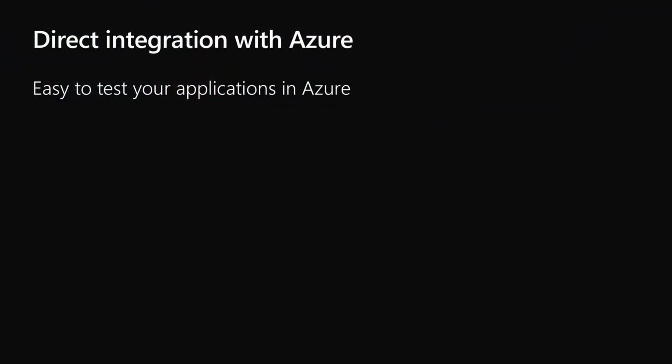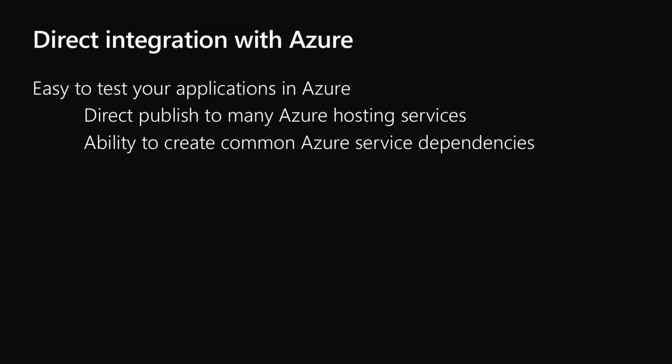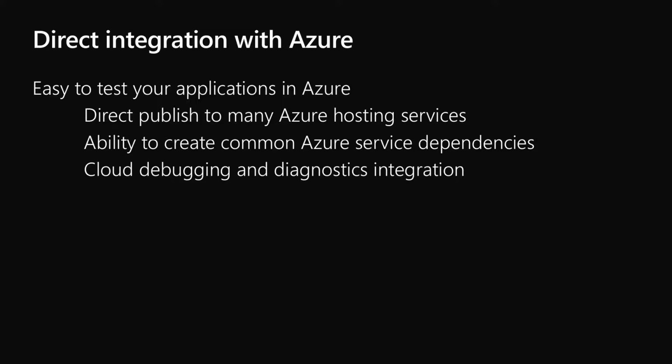So yeah, just to briefly review where we ended, we've not only made it really easy to get started by having project templates and all the tools that you'd want to do local development, we've also tried to make it really easy to test your applications in Azure before you would hand that over to an operations team or push that into production. And we showed a couple of the publish and provision capabilities that we've added to Visual Studio.